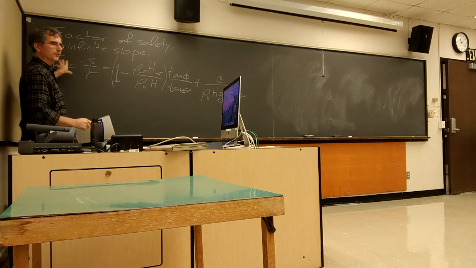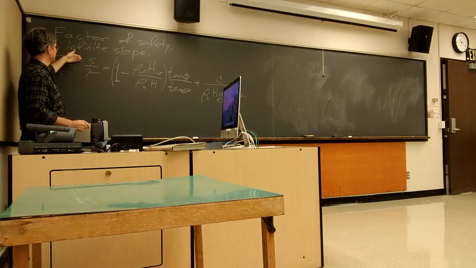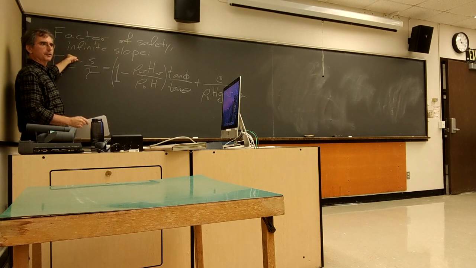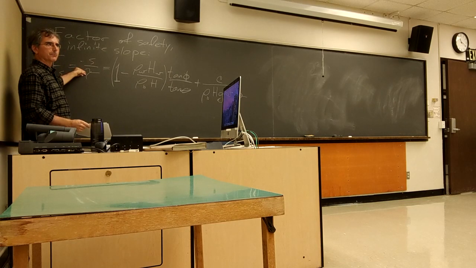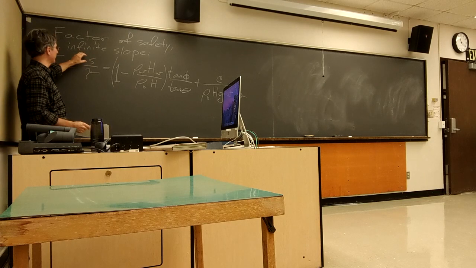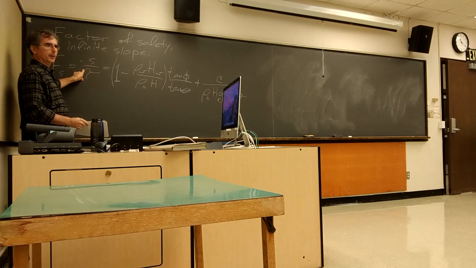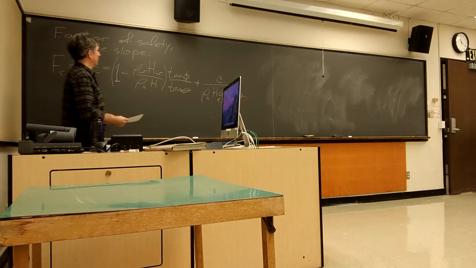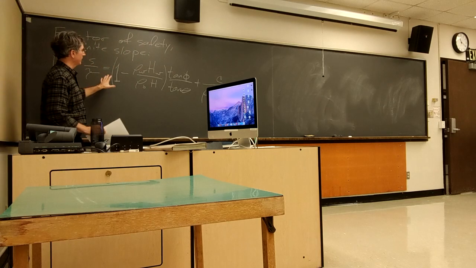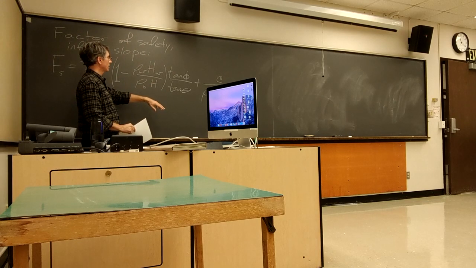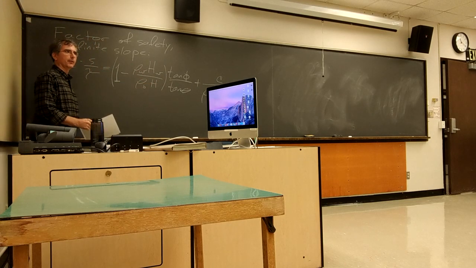So factor of safety is defined as the ratio of the frictional strength, or the shear strength, to the shear stress. That is, we're looking at the ratio of the things that are keeping it from falling and the things that are trying to make it fall. And this is the simplified form of that.